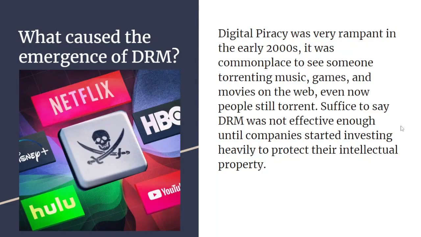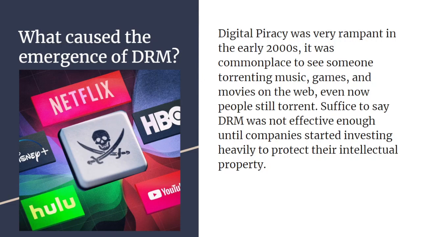Next is what caused the emergence of DRM. Digital piracy was very rampant in the early 2000s, and even now it's fairly common, but not too much. It was commonplace to see someone torrenting music, games, and movies on the web.